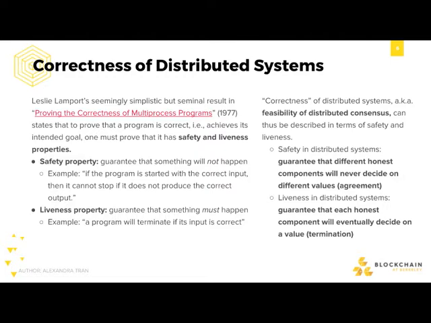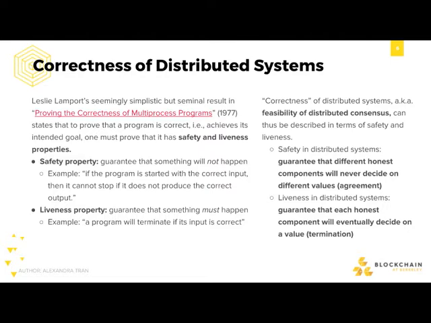And you also need to prove that it has a liveness property, which is simply a guarantee that something must happen. An example of that is a program will terminate if its input is correct. So if you're interested in why you need to look for those properties, then go ahead and read the paper.